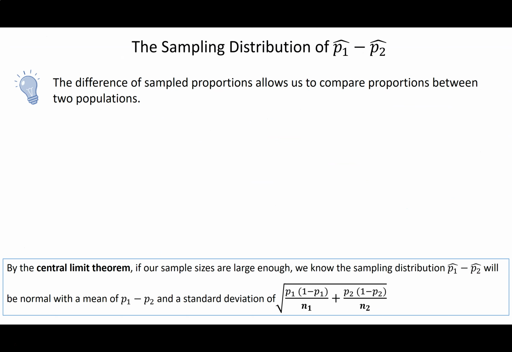Okay, so the sampling distribution of p hat 1 minus p hat 2. We can actually look at the difference of the sample proportions. So I can repeatedly sample from population 1, take a sample proportion, repeatedly sample from population 2, take a sample proportion, take that difference, and then repeat the process over and over.